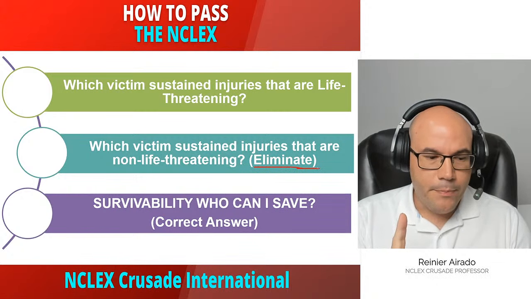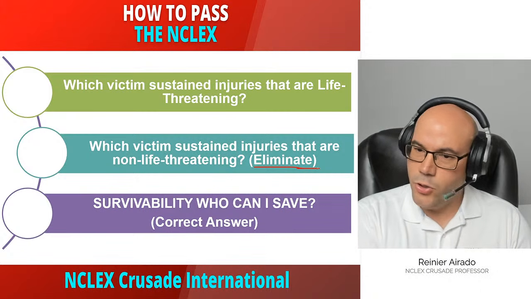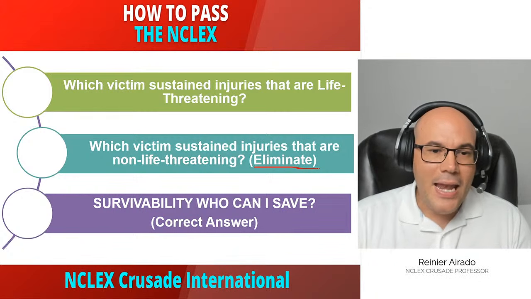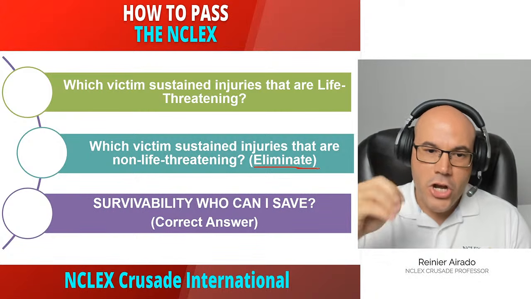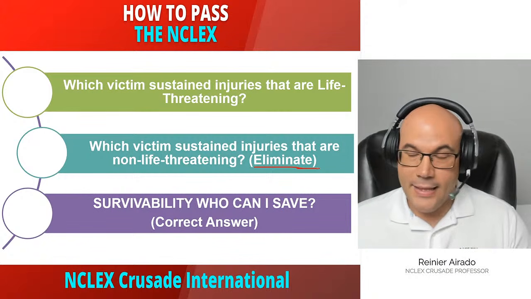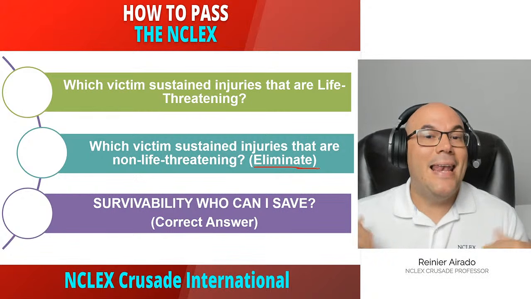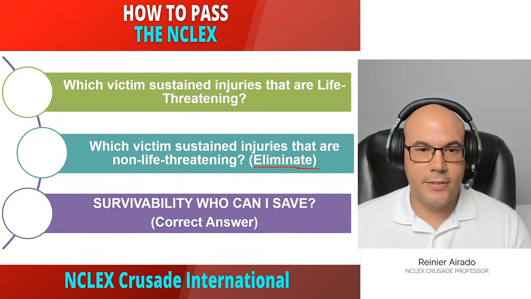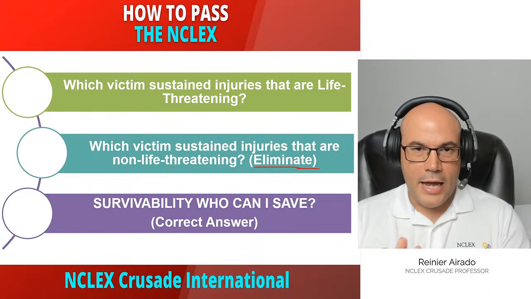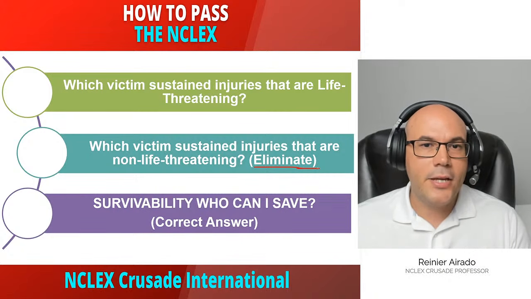So, first step, you will identify who has life-threatening injuries and who doesn't. Step number 2, you eliminate any patients that have non-life-threatening injuries. And then you are going to keep only the patients that have life-threatening injuries. But you see, there is nothing new that you probably already know from understanding prioritization.